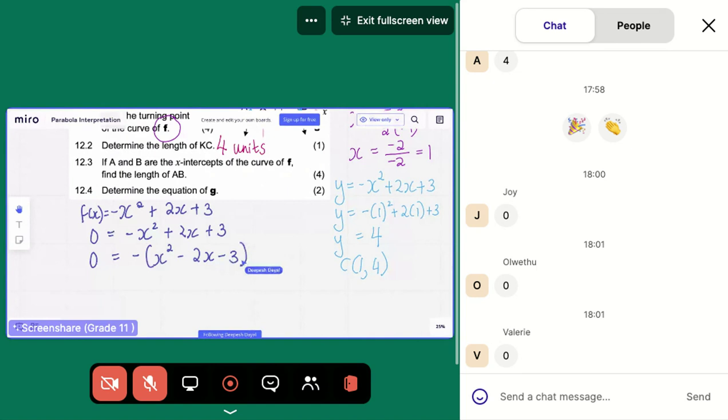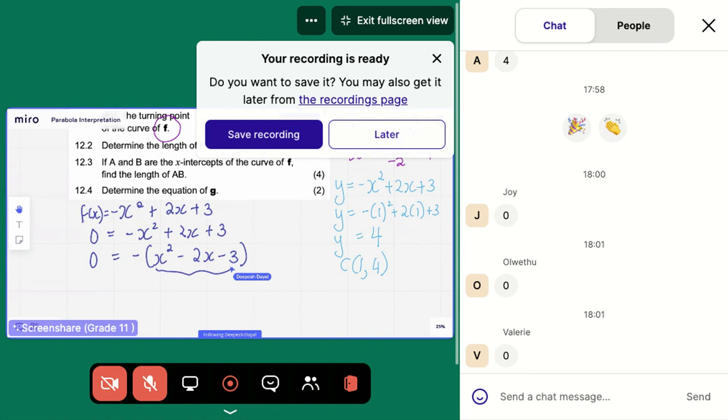Let's factorize this bracket into 2 brackets. You can type your answer in the chat once you've factorized it. Please try and contribute so we can all share answers with each other.